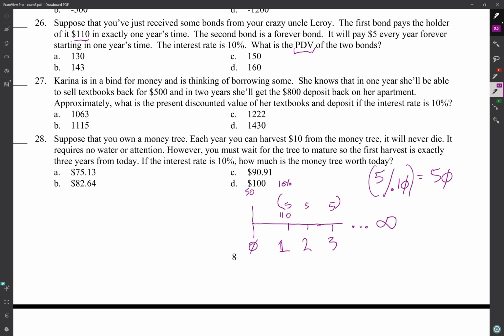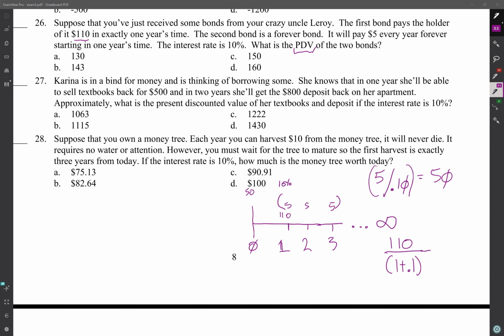Okay, so now all we have to do is find out the value of this $110 in year 0. I know the rate is 10%, so we should be able to figure this out in our heads, but again, let's not do that. If we are going to discount back, we're going to have our amount divided by 1 plus the interest rate, so 1.1, raised to the number of periods we're going back. We're just going back 1 period this time, so this is just 110 divided by 1.1.